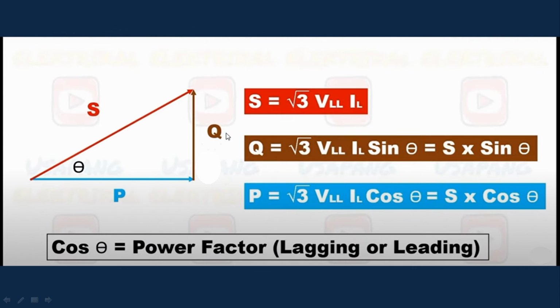Next is Q, the reactive power. So Q equals square root of 3 times line-to-line voltage times line current times sin theta, which equals S, or the apparent power, times sin theta.